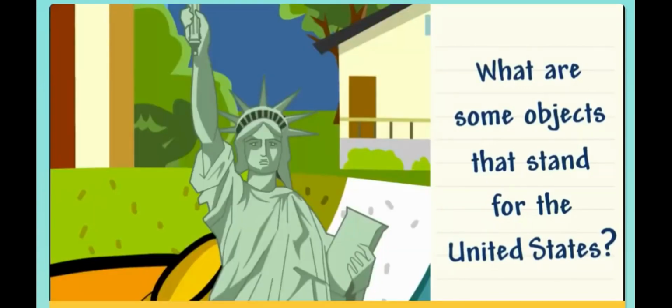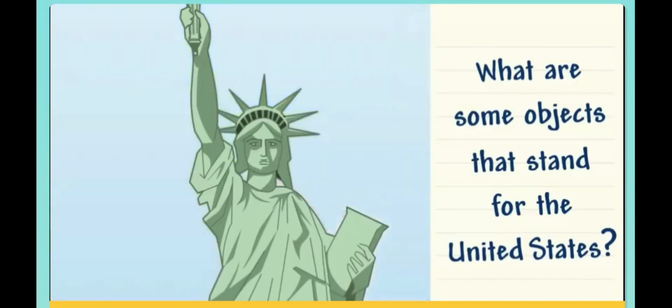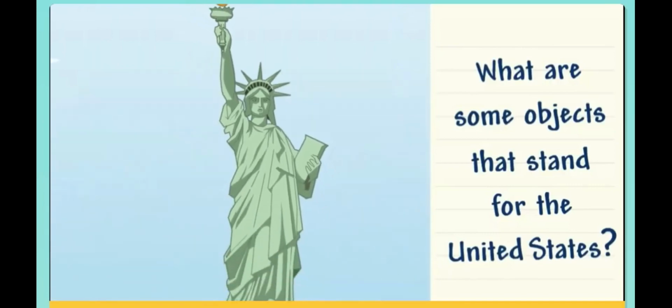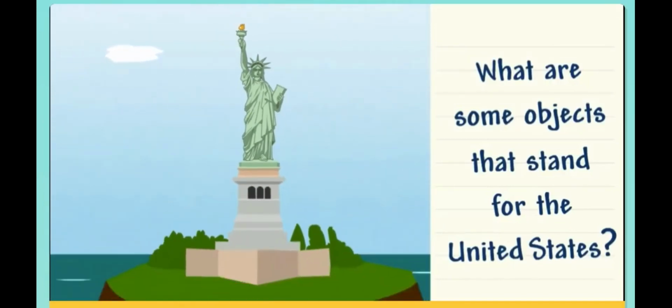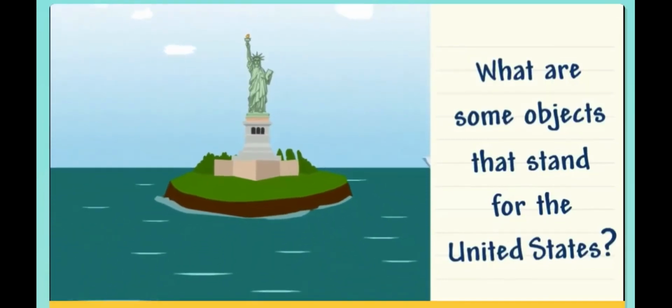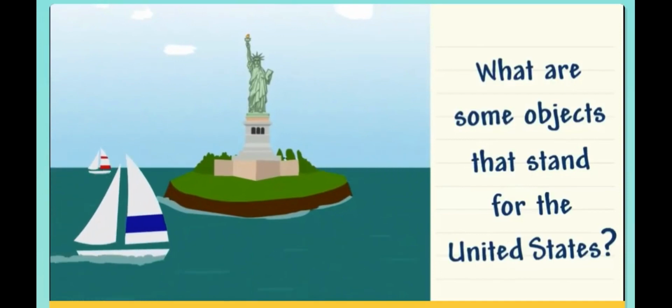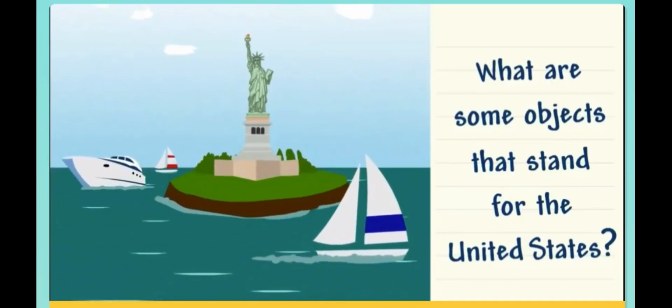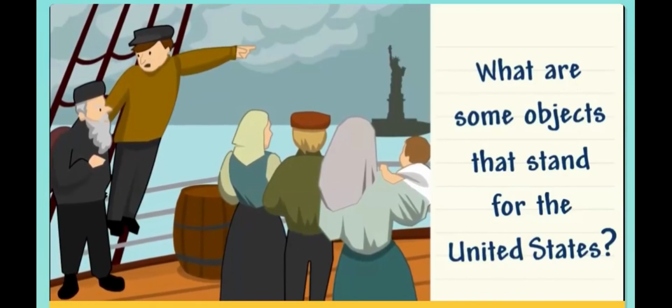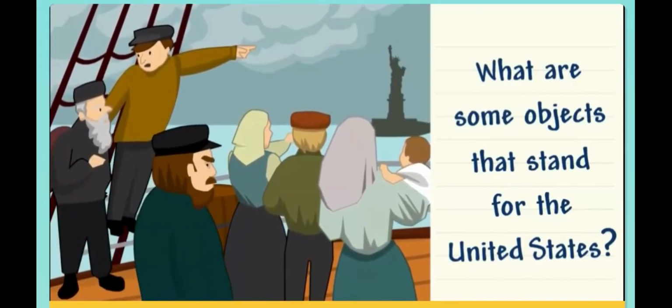That's the Statue of Liberty. The Statue of Liberty was a gift from France in 1886 as a sign of friendship. It's on Liberty Island in the New York Harbor. Many immigrants, or people who came from different countries, used to reach America by boat.